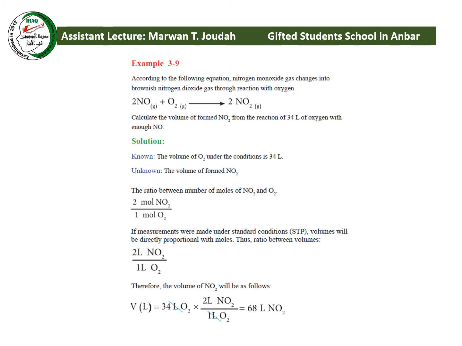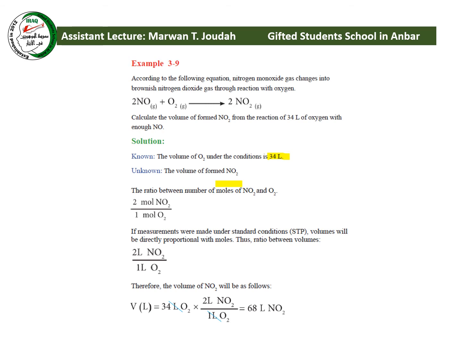Calculate the volume of NO2 formed from the reaction of 34 liters of oxygen with enough NO. So the volume of O2 is 34 liters, and the volume of the NO2 is missing.